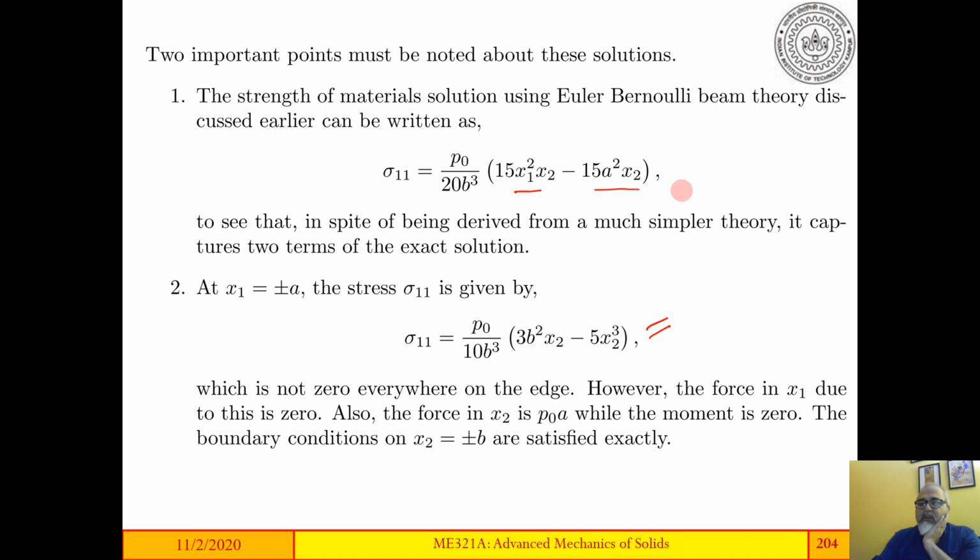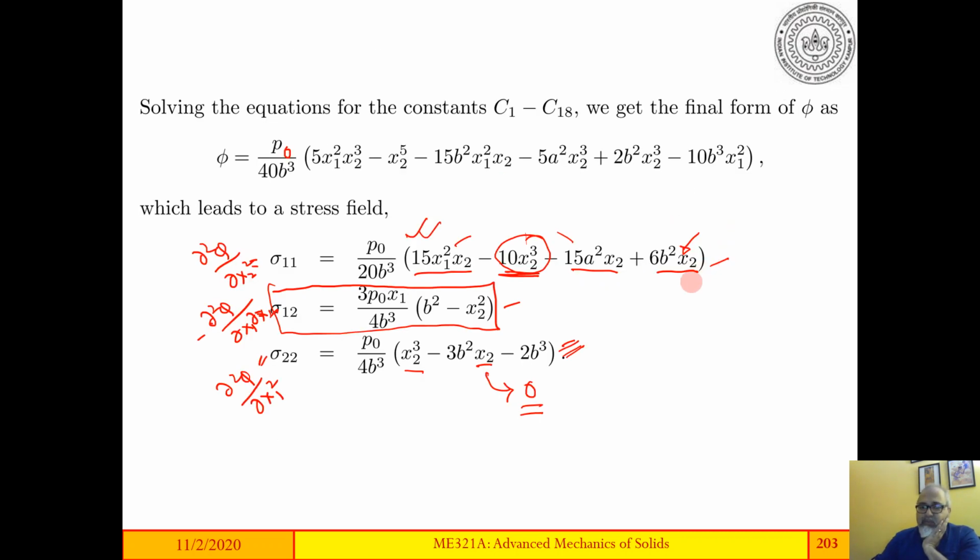If you look at sigma 1,2 at x1 equal to a, and the moment due to sigma 1,1, you will see that the moment integrated from the lower edge to the upper edge is equal to 0.